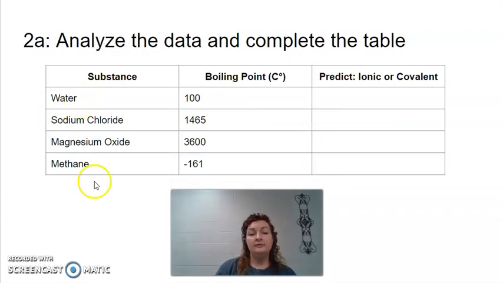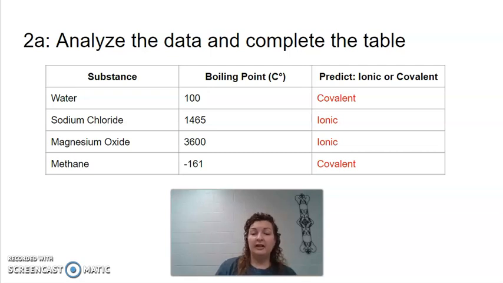All right, so moving on, analyze the data and complete the table. So we're given substances, we're given boiling points, and now we have to make a prediction on if they are ionic or covalent. So we're just doing it in reverse. Hopefully by this point, you guys have gotten that high boiling points are going to be ionic and low boiling points are going to be covalent. So this would be a good prediction, right?